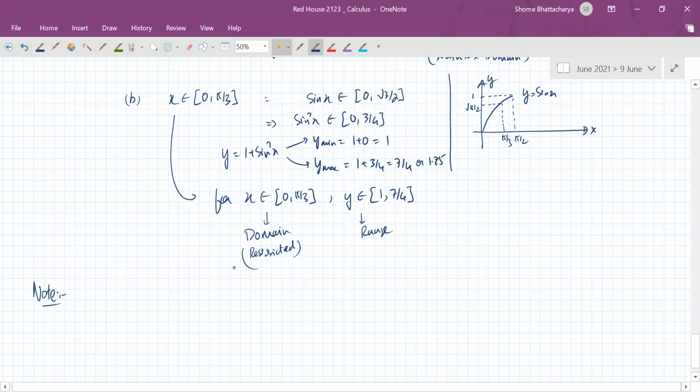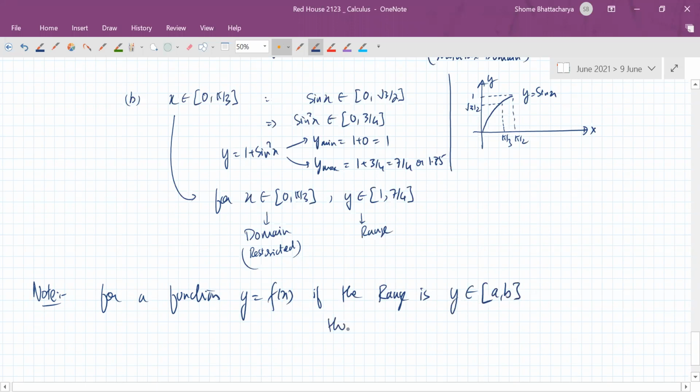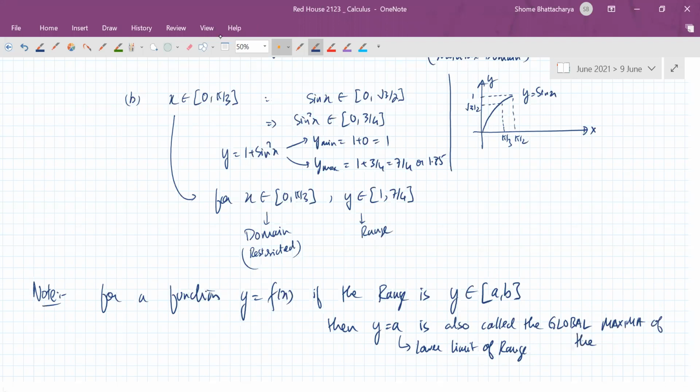So now we come to another way of expressing the range. For a function y is equal to fx, if the range is, let's say, a to b, then y equal to a, that is the minimum value, the lower limit of the range, is also called the global minima of the function.